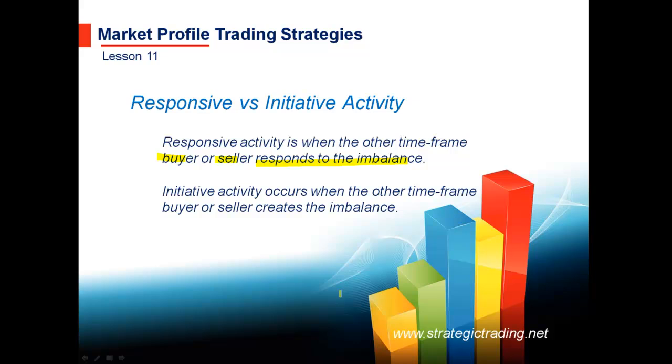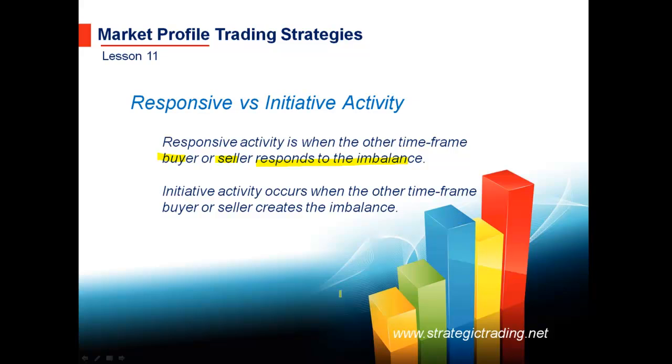Okay, so in the chart, or the profile that we just looked at a couple of moments earlier, we have an imbalance. What we're waiting to see is, we know that the other time frame buyer is in control. When is the other time seller going to respond to this imbalance?